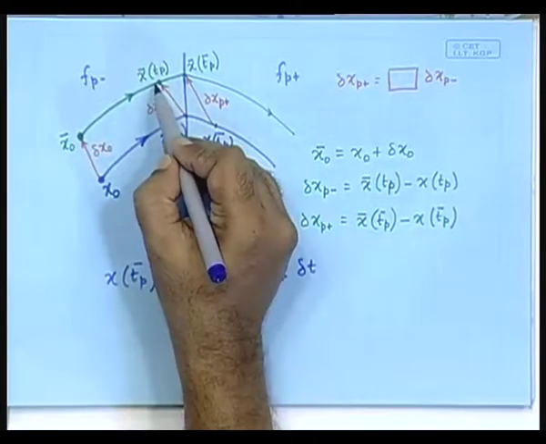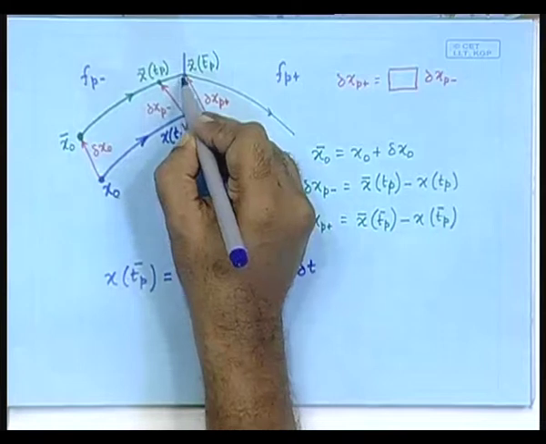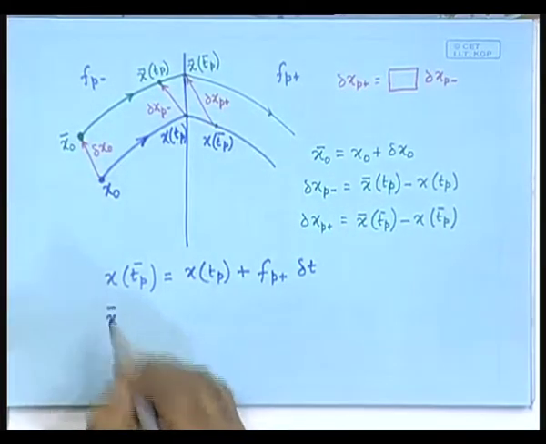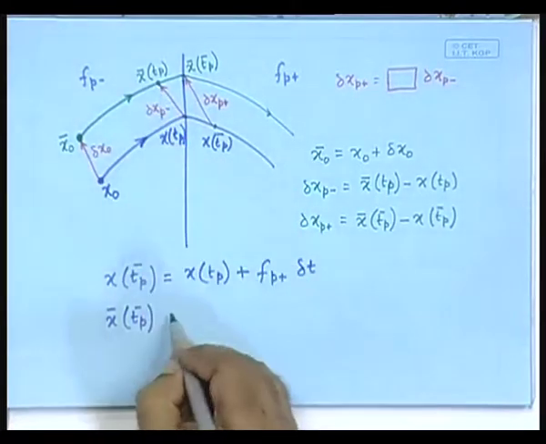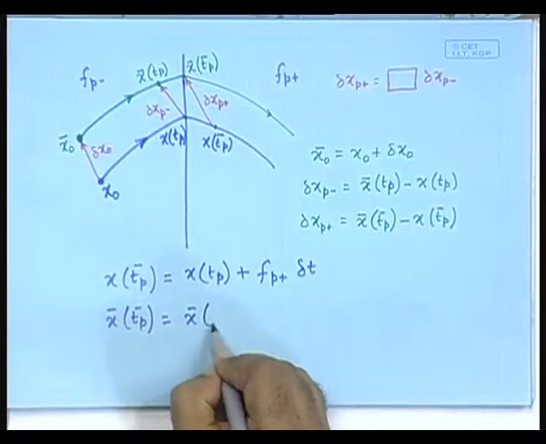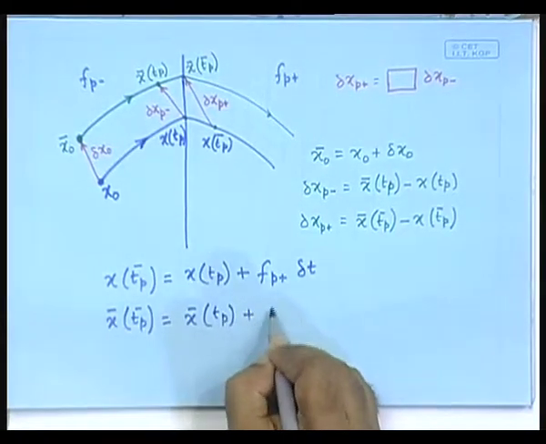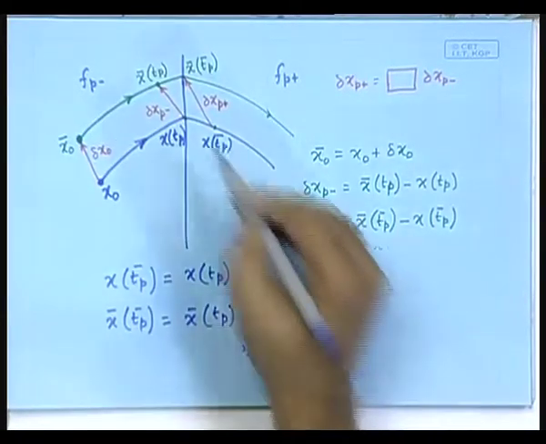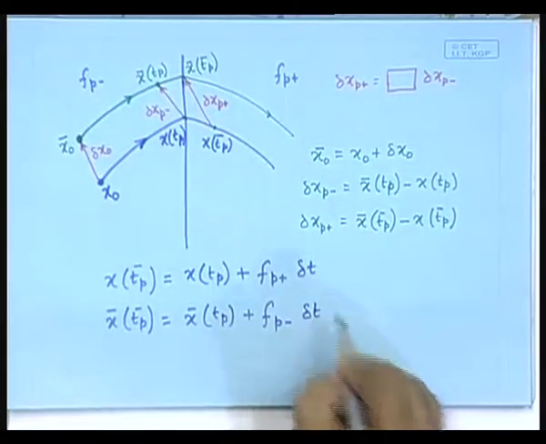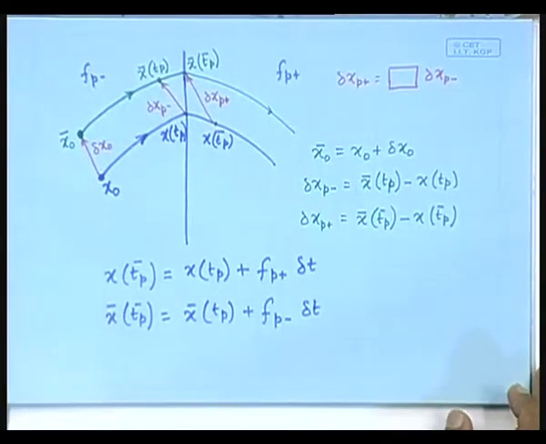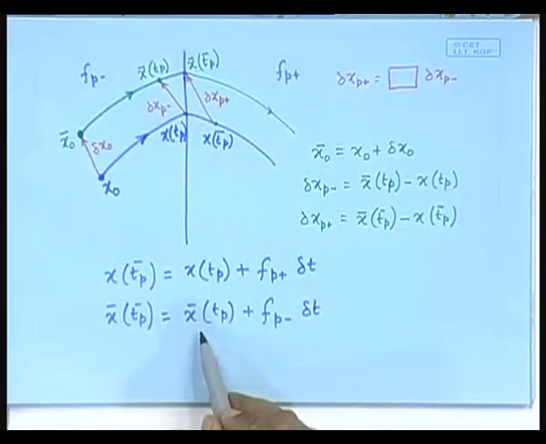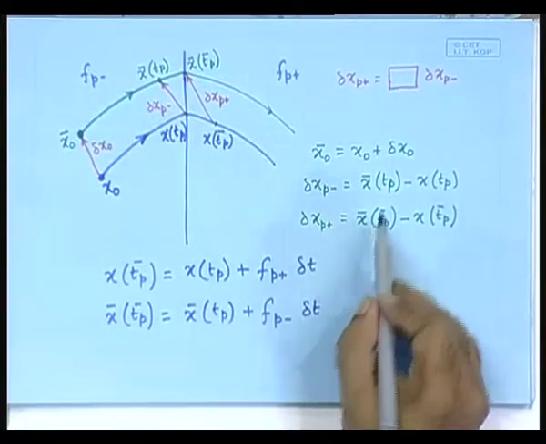Similarly, this point here, x bar T p bar, is x bar T p plus f p minus and the flight time. Okay. x bar T p is here.